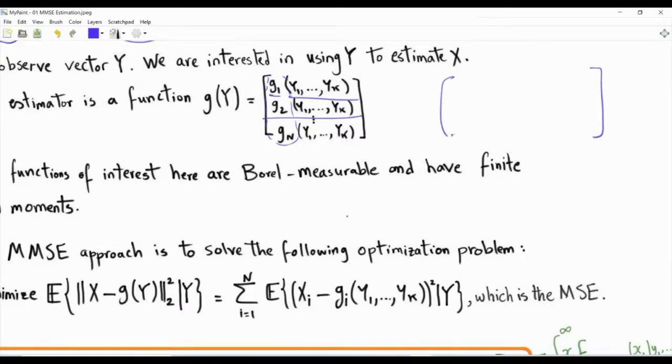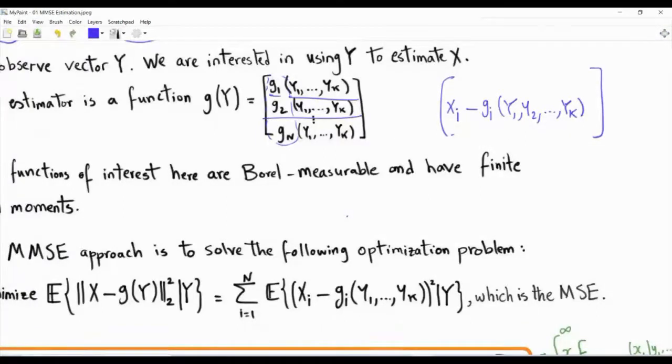The error vector will have components, and the ith component will be xi. So this is one of the guys to be estimated, and then minus its estimate. And what is the estimate? It's some function gi applied to the measurements or observations big Y1, big Y2 till big Yk. So this is basically the error in the estimation of xi.